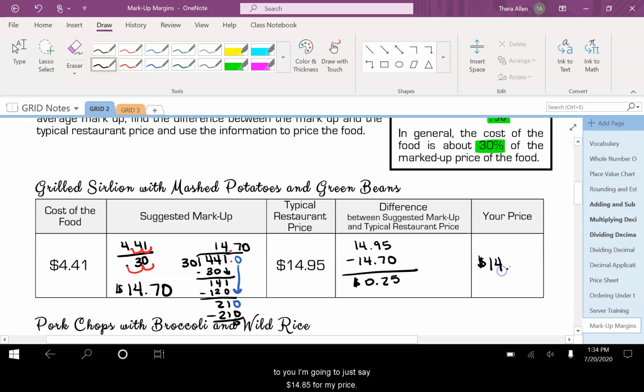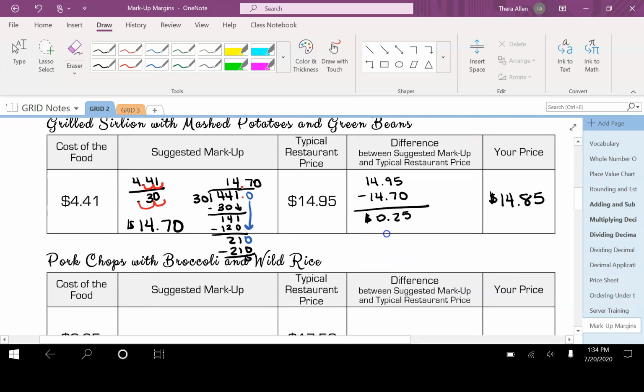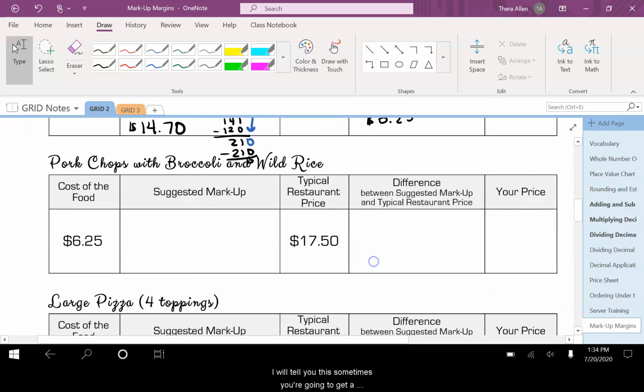I'm going to just say $14.85 for my price. I will tell you that sometimes you're going to get a suggested markup that's going to be larger than your typical restaurant price. When that happens, when you subtract, you're going to get a negative amount, but you just go ahead and pick your price and do the best you can.